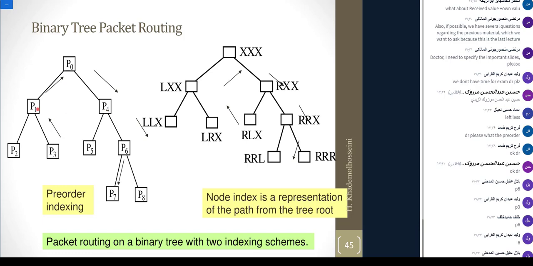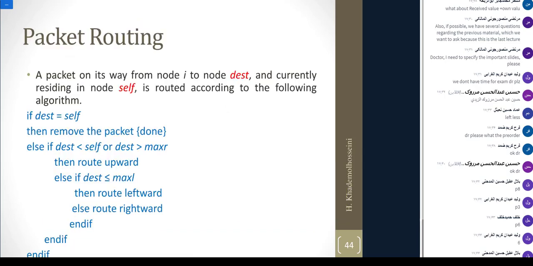P4 is self, P1 is dest, and what is max L? P5. Yes, P5. So self is 4, max L is 5, dest is 1.